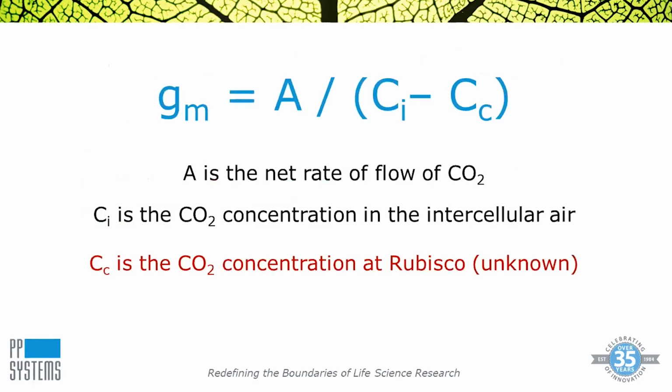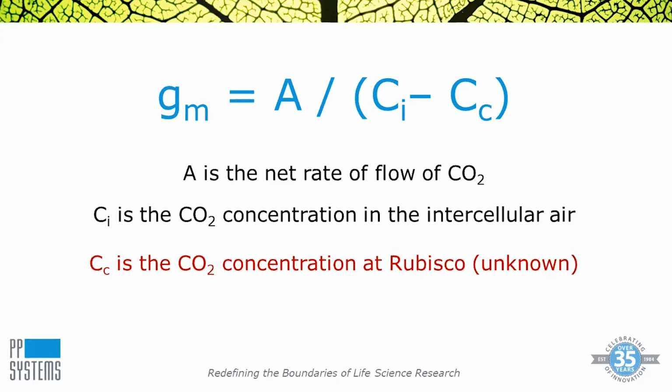And this is just a simple equation. Mesophyll conductance equals A divided by the difference between CI and CC, where A is the net rate of CO2 flow, which is the CO2 assimilation rate, CI is the CO2 concentration in the intercellular airspace, and CC is the CO2 concentration at rubisco. And that's our big unknown.